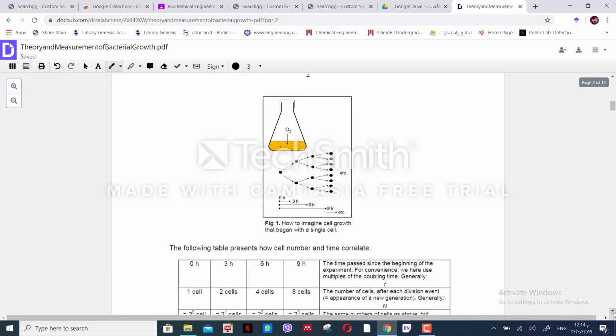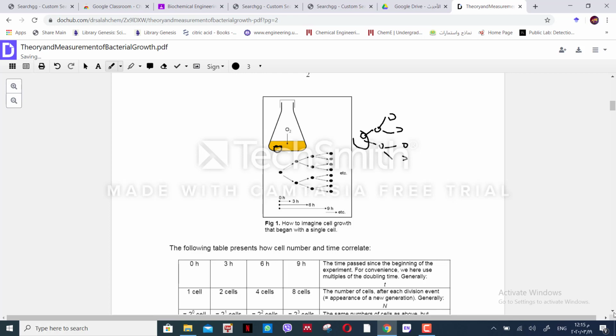As we saw in this figure, let us imagine that this is our cell here, and with all nutrients and oxygen it will grow and divide. As we mentioned before, one cell gives 2, and this one also gives 2, and this one also gives 2.